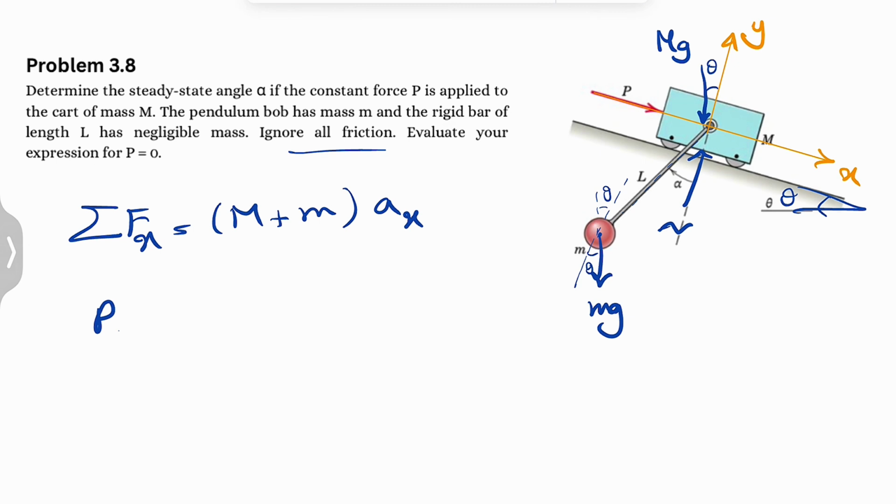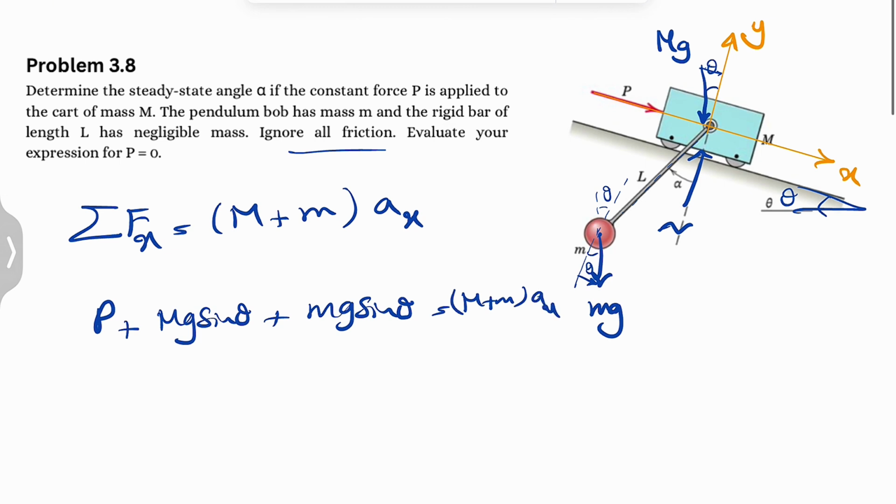We have the x component of the cart weight, which is this force. So it's going to be Mg sine of theta. And also here, actually this one's positive too. The other one's also positive, mg sine of theta again. And this will be equal to what we have in the previous part, M plus m, ax.